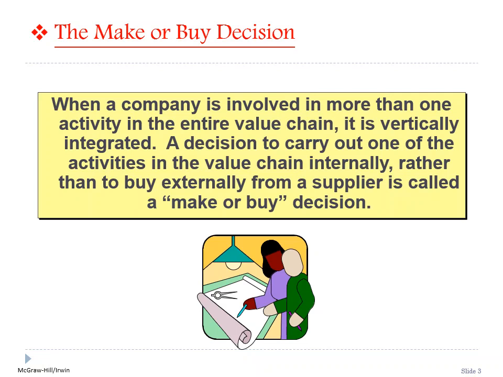When a company is involved in more than one activity in the entire value chain, it is vertically integrated. يبقى لو كانت الشركة بتقوم بأكتر من نشاط على مستوى سلسلة القيمة بتاع الشركة نفسها، فبنقول عليها ايه vertically integrated. في تكامل رأسي. تمام.